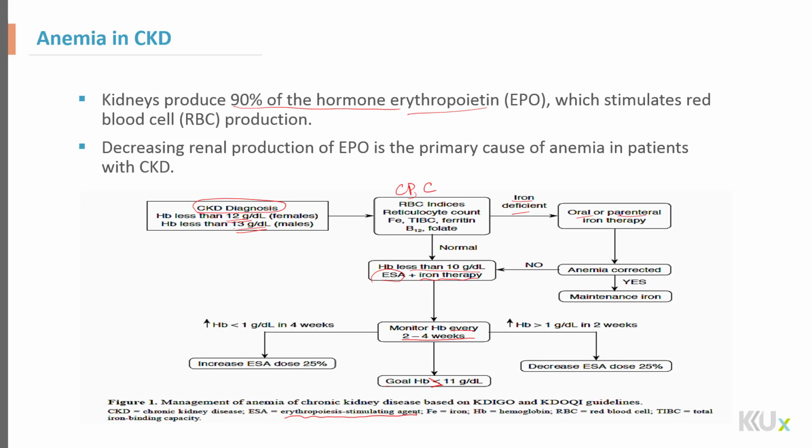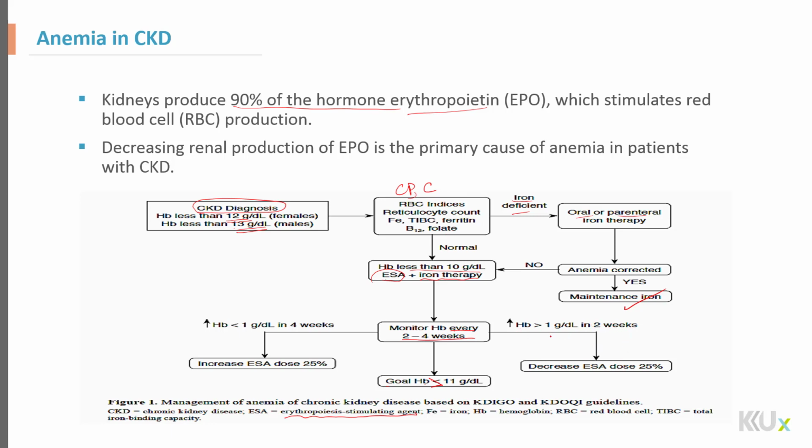If we started with iron, we should see if the anemia is corrected. If corrected, okay. If not corrected, we should start with erythropoiesis stimulating agent plus iron and monitor. Hemoglobin should increase by 1 gram every 2 weeks.